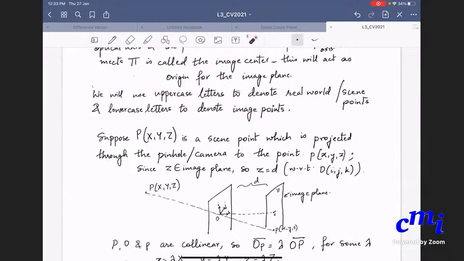So here is the point where the optical axis meets the image plane. Now the thing to see is that capital P, O, and small p are collinear.